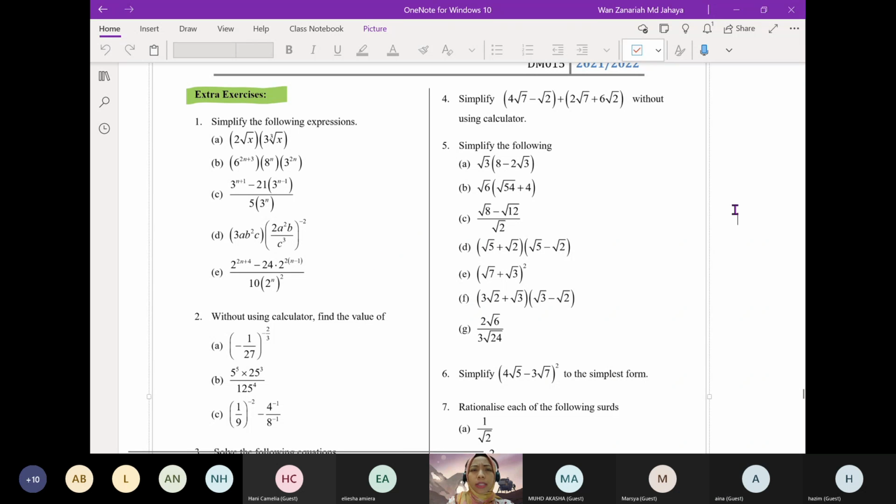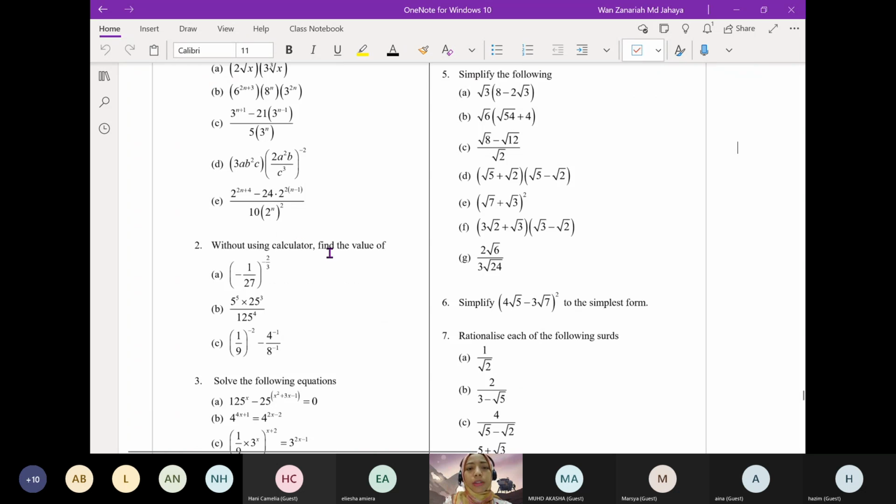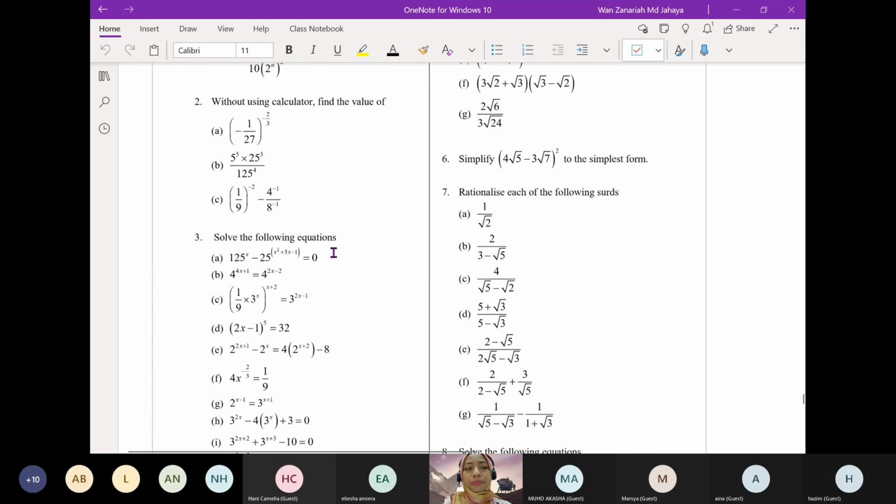Nak discuss ke? Tak payah? Okay, madam. Okay, yang cakap okay tu please screenshot 1C and share at the Telegram group because some of your friends are still asking me question 1C. Okay, lagi soalan lain? Nombor berapa?